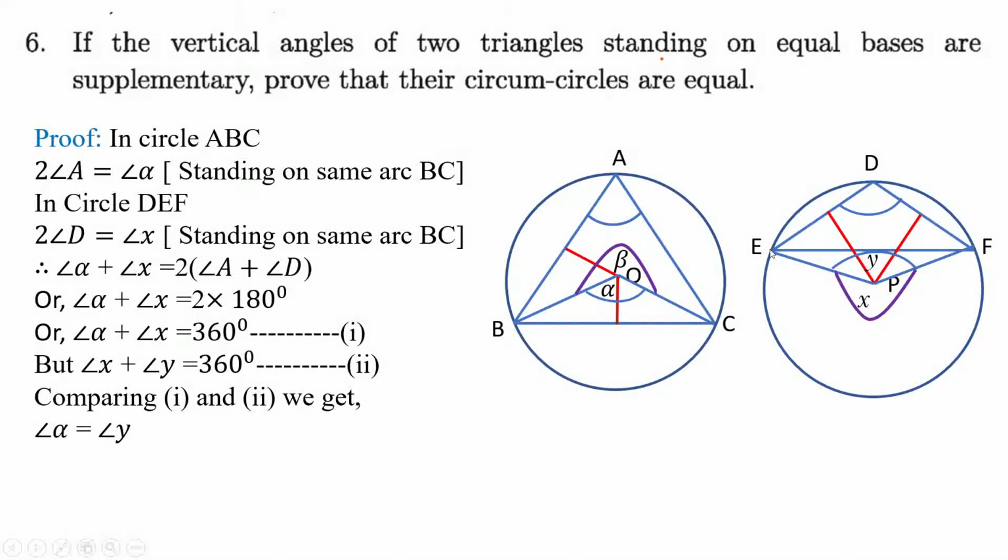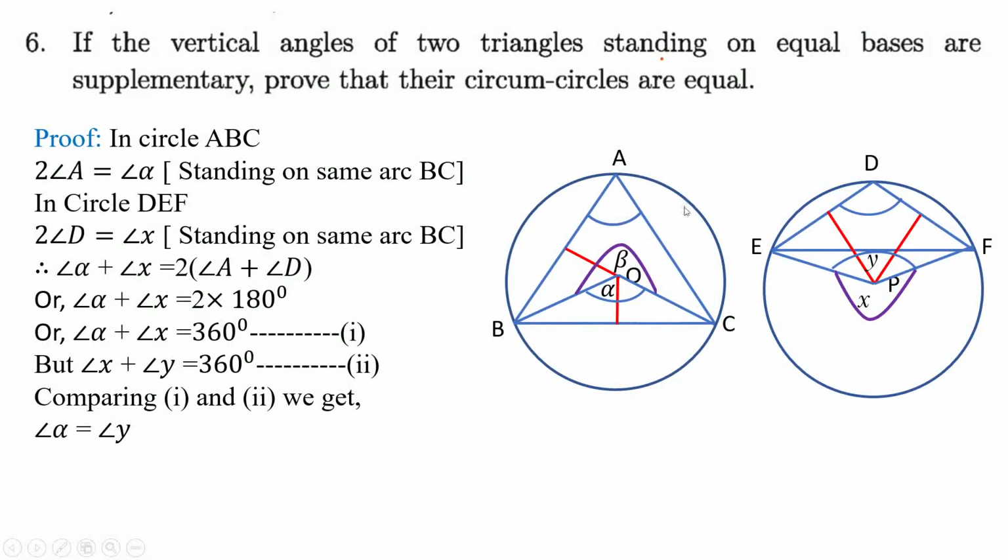Similarly, standing on the same arc EF, the inscribed angle is D and the central angle is angle X. So twice D equals angle X. Adding these two, we get alpha plus X equals, taking 2 as common, 2 times angle A plus angle D.